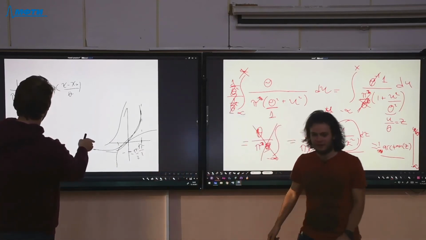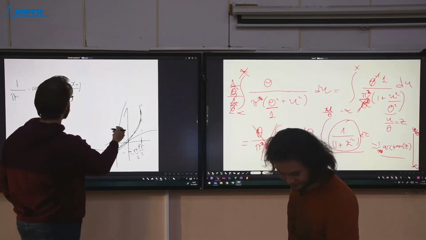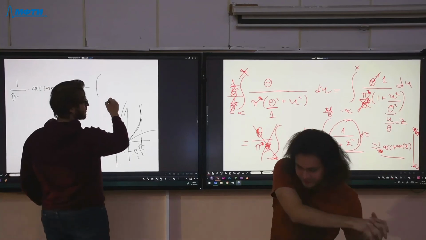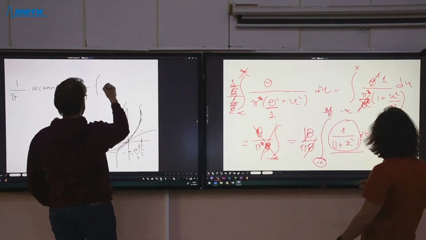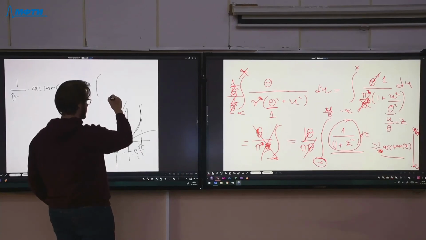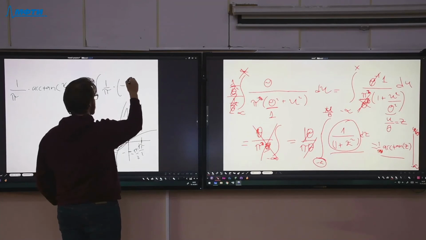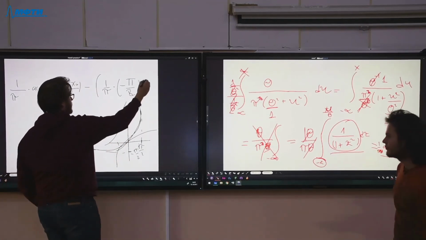Yes. So this will be 1 over pi. Is it minus? No. Minus pi over 2. So plus. It's going to be 1 over pi multiplied by minus pi over 2, and then, of course, close the bracket.